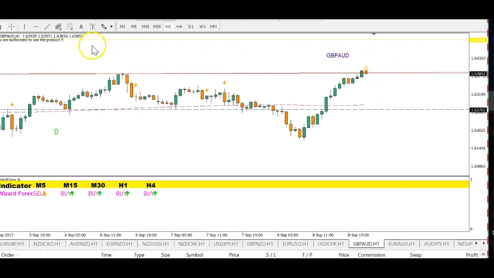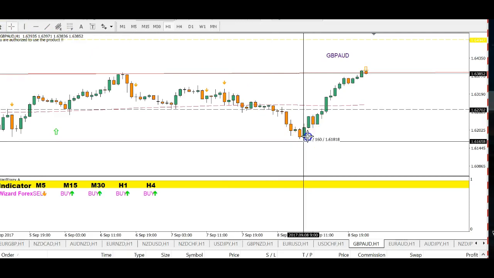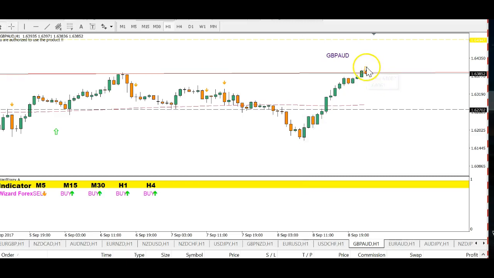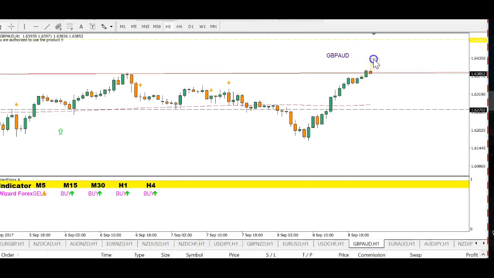right there. I count the number of pips from Friday's low to Friday's high. It exceeds its daily range, 230 pips. It's difficult for the market to sustain this going into the next week. The market needs to retrace, needs to take a breather before it goes back up again. And that's essentially what's going to happen on Monday.